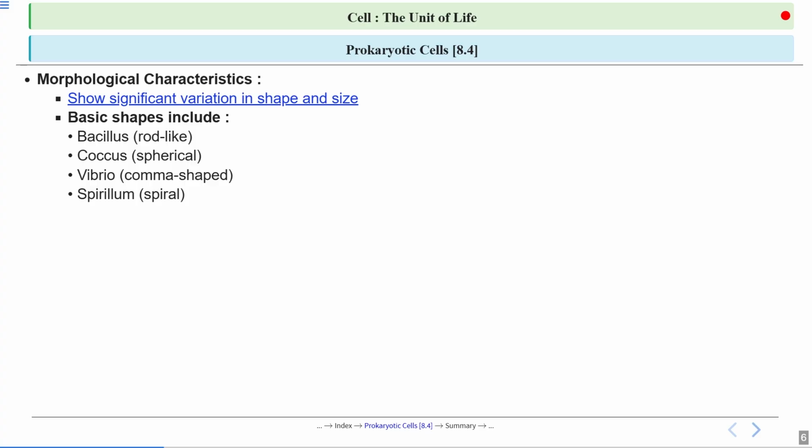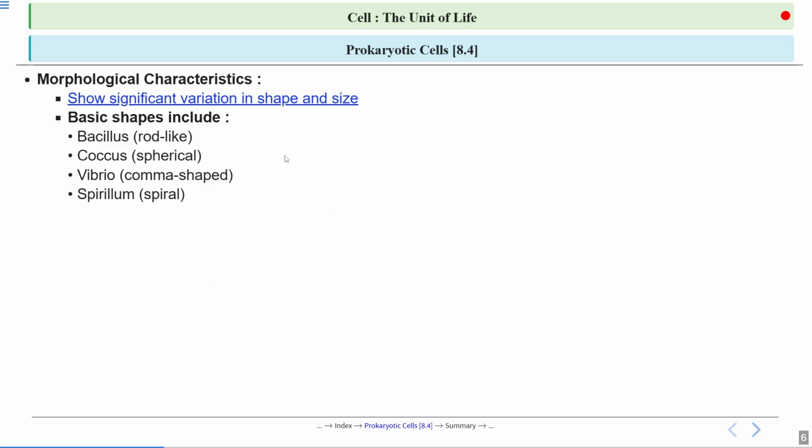First one is rod shaped. Bacteria can be rod like, an example is bacillus. Then they can be spherical, an example is coccus. Bacteria can be comma shaped like Vibrio cholerae. And then spiral, like spirillum.